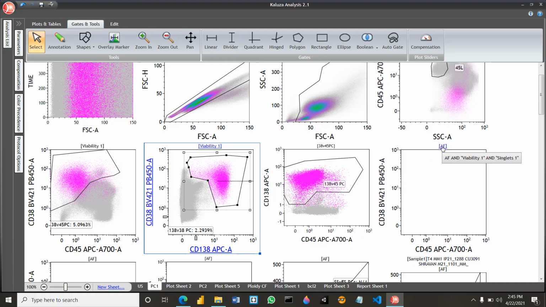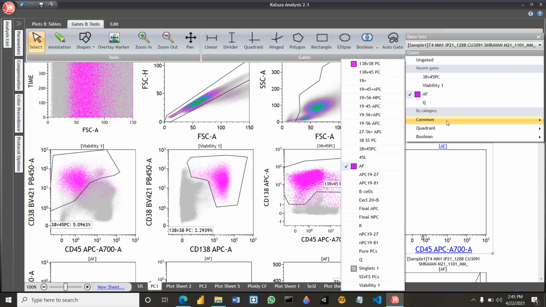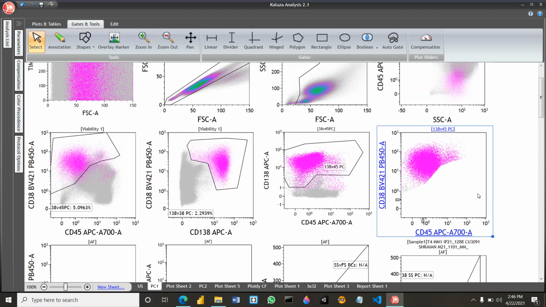Okay, and we use this 13845 to confirm our final plasma cells. So here 13845, and if you want, another way to confirm whether you have any junk in these plasma cells is to look at the light chain also, or other markers.